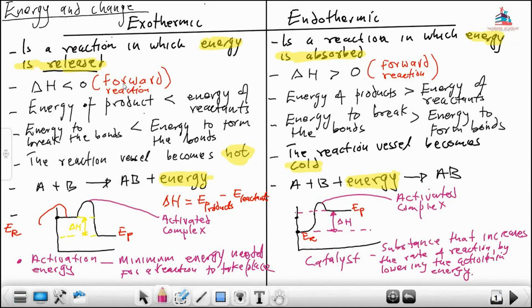It's always the case. So it means in one graph, I can have the activation energy, which is here.